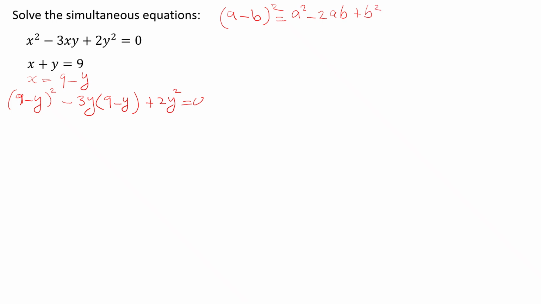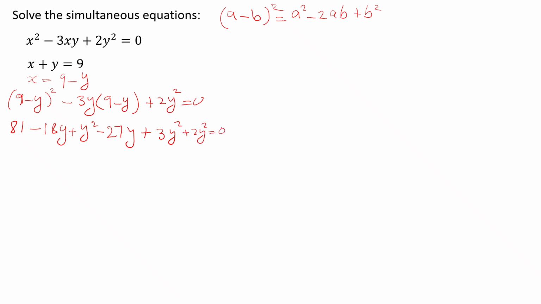So a squared is 9 squared, 81, minus 2 times 9y, so 18y, plus y squared, minus 3y times 9, 27y, plus 3y squared, plus 2y squared equals 0.